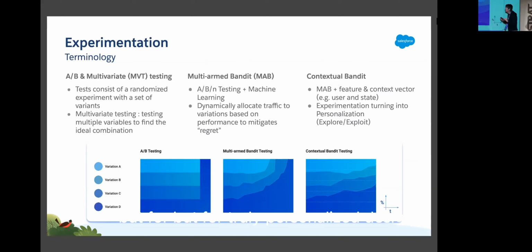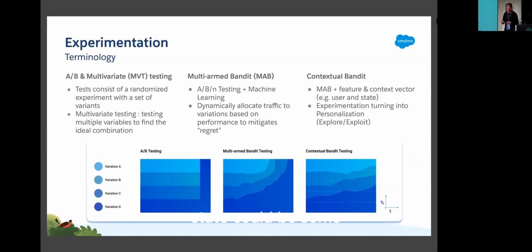But for truly personalized design, you need something built on top of the multi-armed bandit technology, called a contextual bandit, which has feature and context vectors on top, which are fancy names for the attributes of a user and the state the user is actually in.